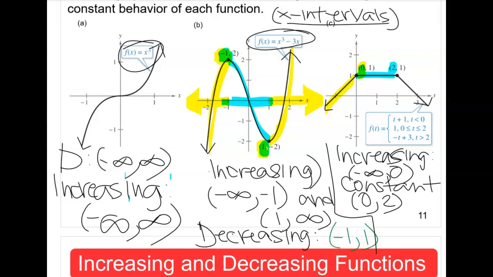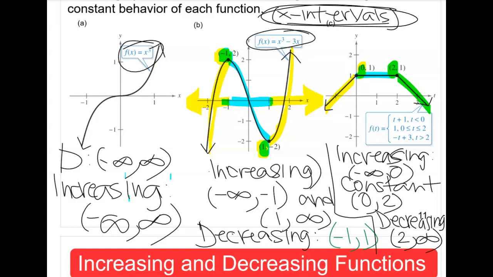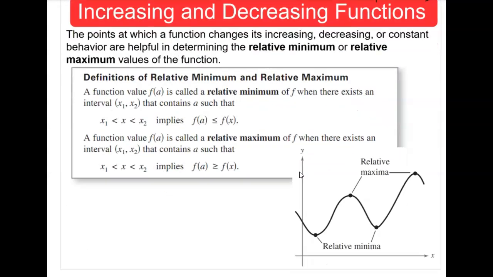And then it starts decreasing from x equals 2 to negative infinity. And remember, they are x intervals. We don't want the coordinates of the points when we answer questions about increasing or decreasing. We only want the x intervals.